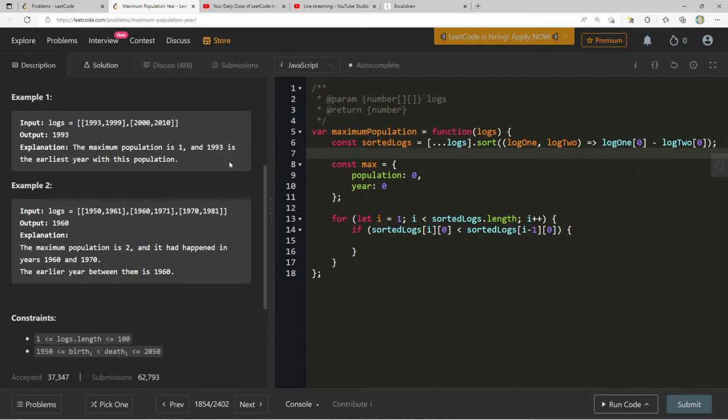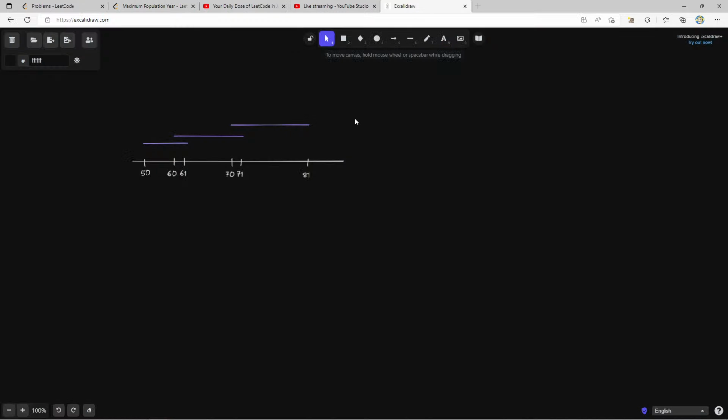Maximum population year. We have a range and we just want to see how many of these ranges can fall into a bucket. If we look in here, we have the 1950 to 1961 bucket, which has 1. This one also falls into there.